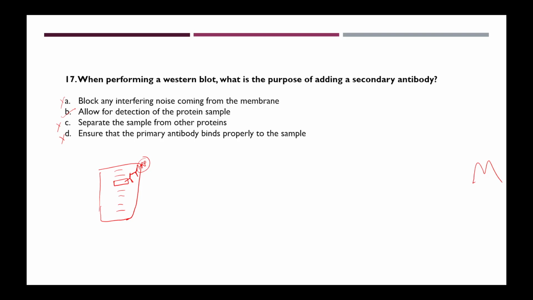Okay, the secondary antibody has this particular signal so that the protein sample can be detected. The secondary antibody is conjugated with HRP, horseradish peroxidase, and then you provide a substrate called luminol, and with the help of hydrogen peroxide, luminol is oxidized by this peroxidase.